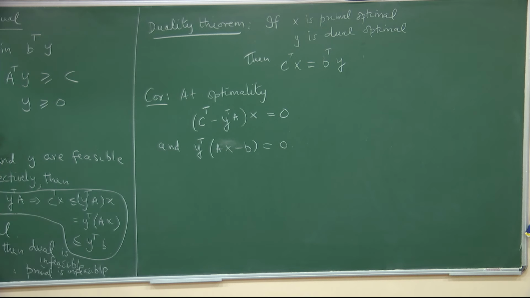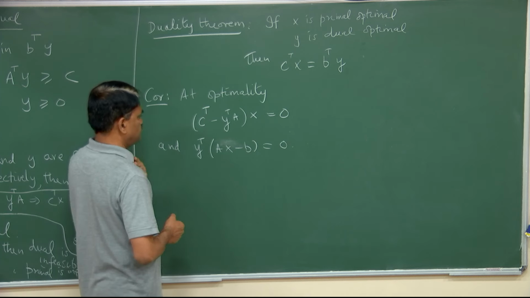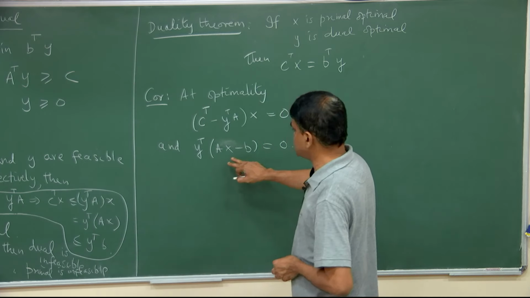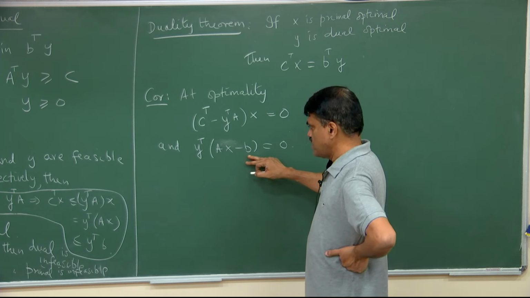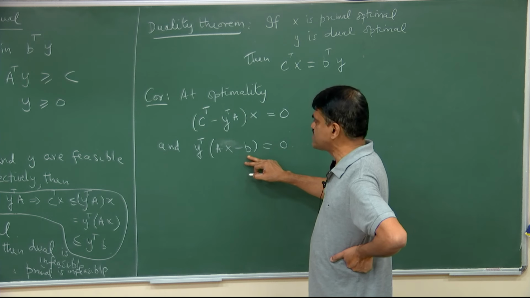x, y are all greater than or equal to 0. Let's look at this. Ax is always less than or equal to b. So Ax minus b is a negative number, or less than or equal to 0.